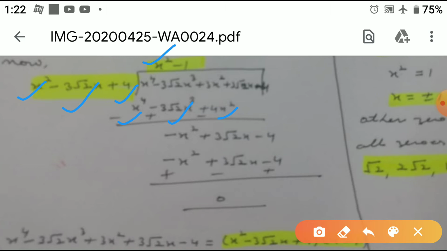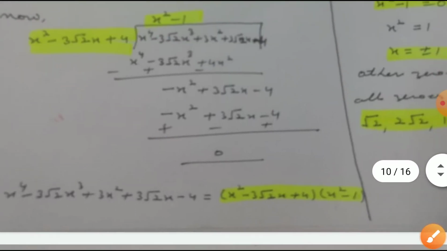Now change the signs and we get minus x square plus 3 under root 2x minus 4 here, and now we need to multiply x square with minus 1. Okay, so when you multiply x square with minus 1 we get minus x square plus 3 under root 2x minus 4. Clear?